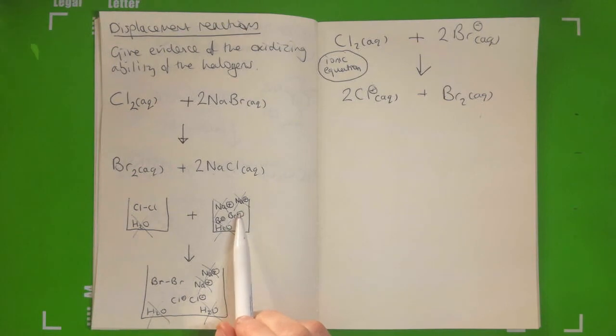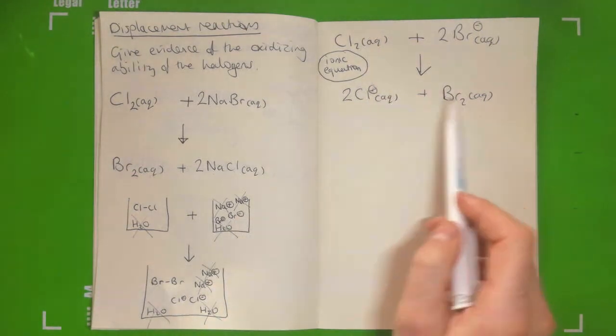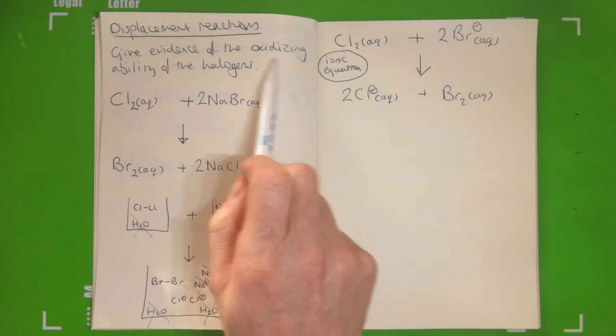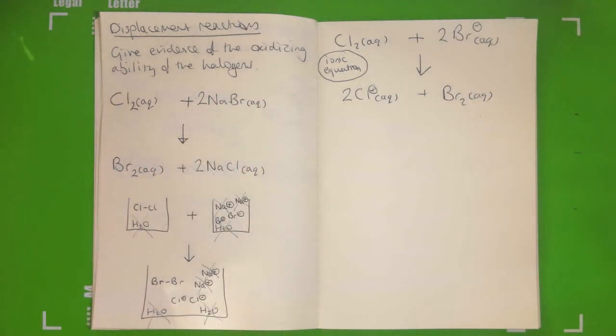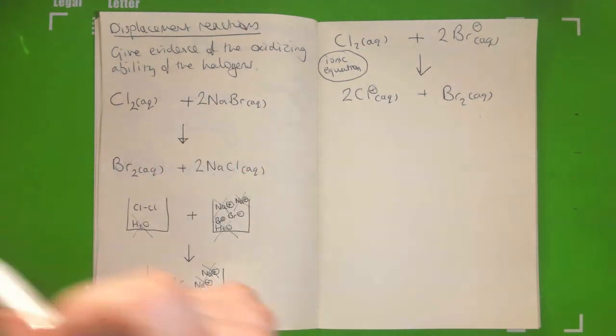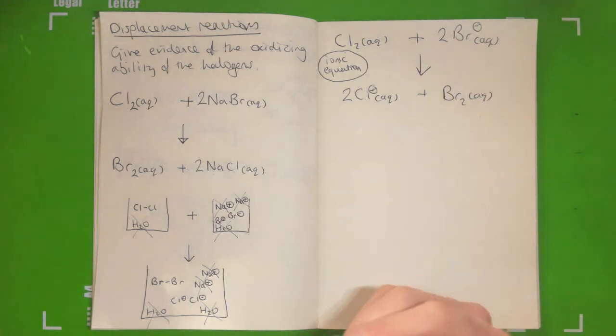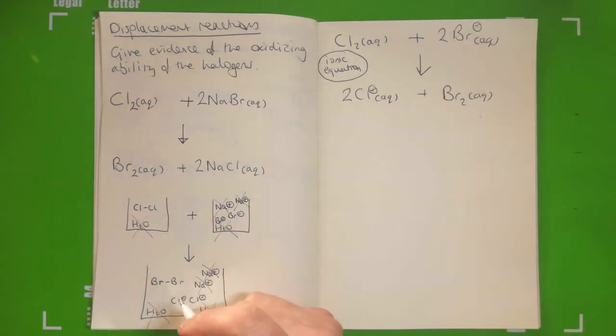So we need to have a look at why this reaction happens, and it gives us evidence of the oxidizing ability of the halogens. So I'm going to write down a rule, and then we're going to use the rule to explain what's going on here.